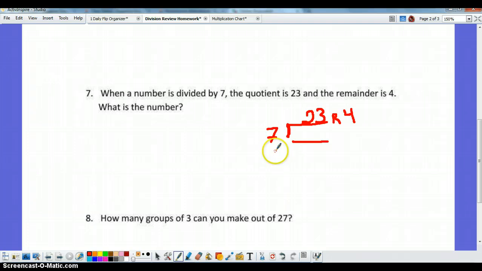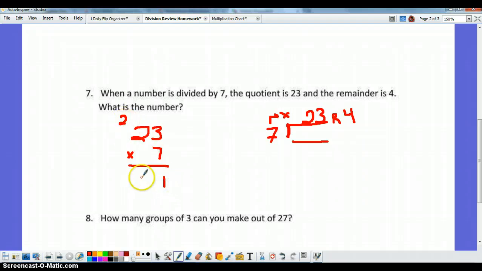So you got to ask yourself, how can we use all 3 of these numbers to figure out what goes inside here? Here's what you do. You take 7, you multiply 23. I'm going to do that on the side here. 23 times 7. 7 times 3, 21. 7 times 2 is 14, plus 2 is 16.